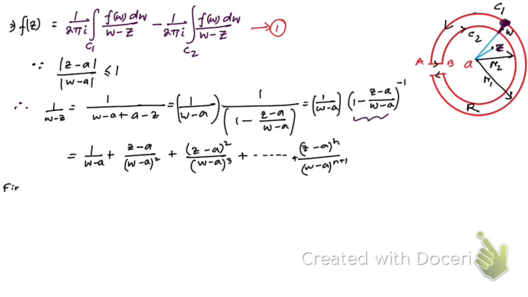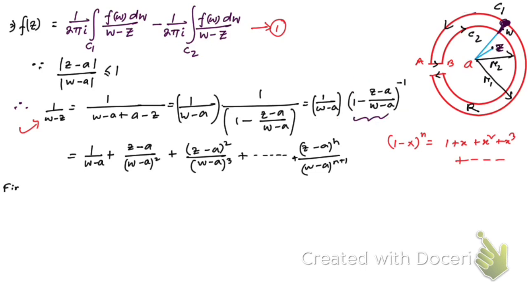Here I have used 1 minus x whole to the power n, that is equal to 1 plus x square plus x cube plus dot dot dot, and so on. We have taken this is 1, this is x, right? And using this we have expanded this term, and after expansion we have multiplied the result by this term.